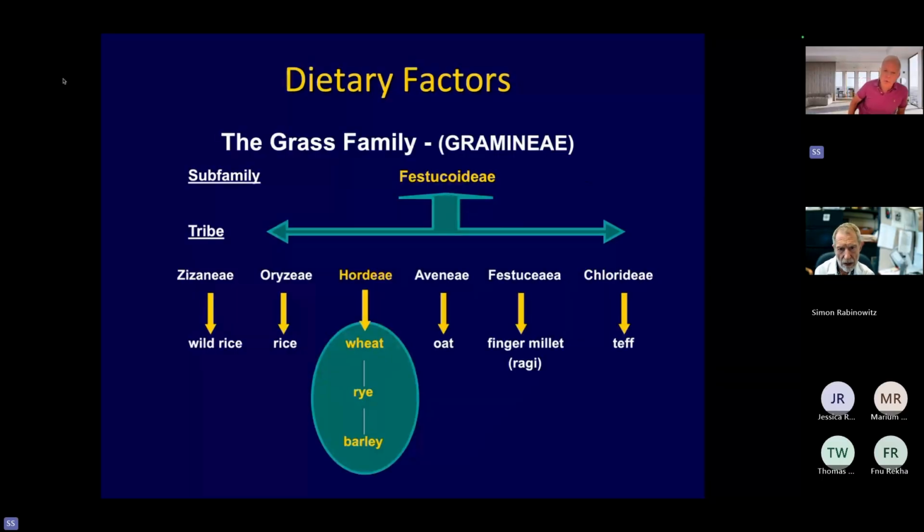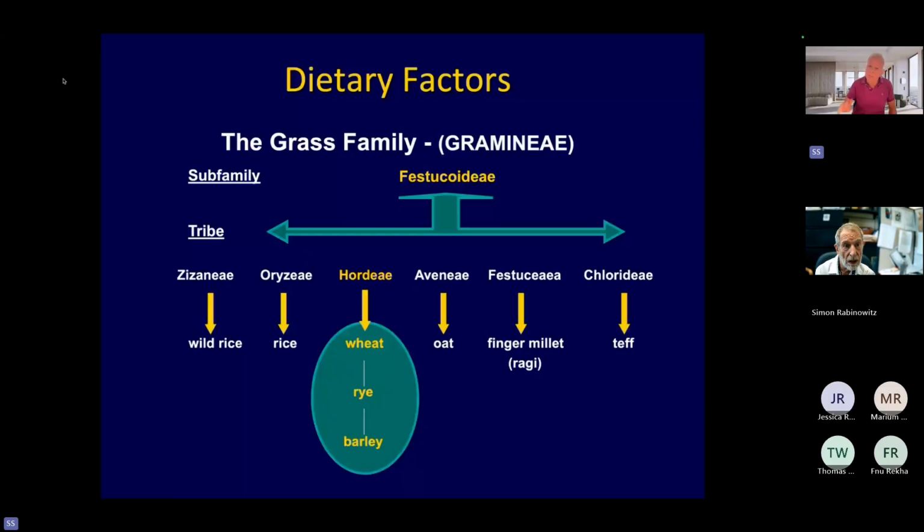So gluten, or gliadin, again, as I showed you earlier, is a part of, if we look at the phylogeny, what's called the grass family, which includes a number of grains. And you see the only ones that contain gluten are wheat, rye, and barley. Neither wild rice, which is not really rice, oat, millet, teff, buckwheat.